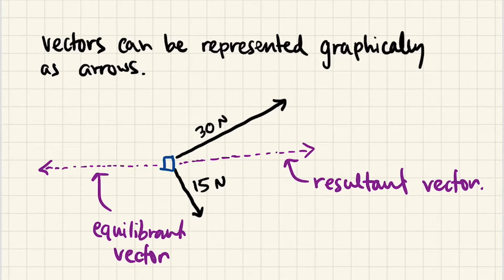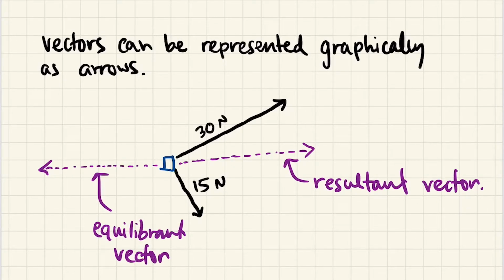So again, if you had somebody pushing a 30 Newton force in that direction and a 15 Newton force in that other direction, the equilibrant would be the magnitude and direction that a third person would have to push in order to counteract the other forces to prevent the object from accelerating.